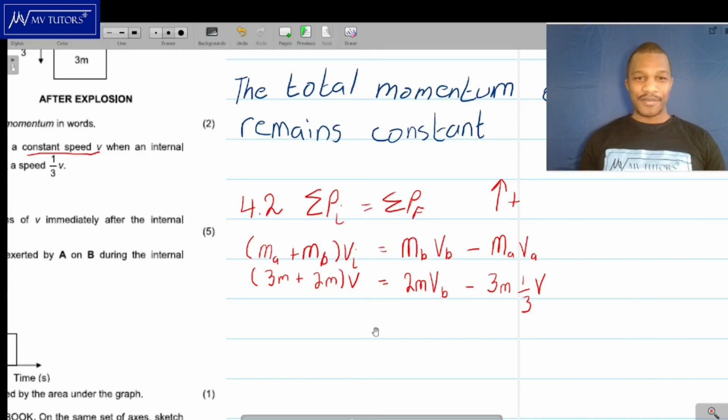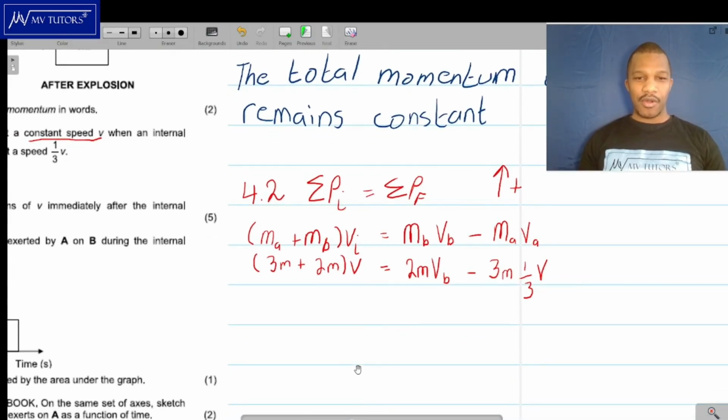Okay, now all we have to do is to do some mathematical gymnastics. I like that. Okay, so we're just gonna combine these. 3 plus 2 is 5. I don't like this m, let me just remove it for now, for simplicity's sake. So this is 5v is equal to 2vb, which is what we're looking for, minus, well, these 3's will cancel each other, and I'll be left with just v.